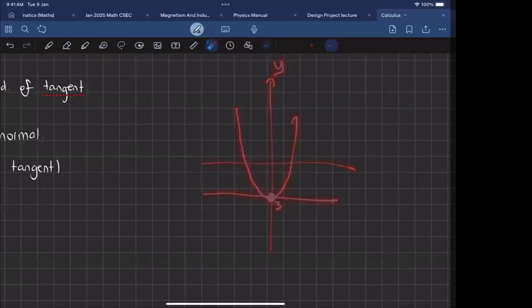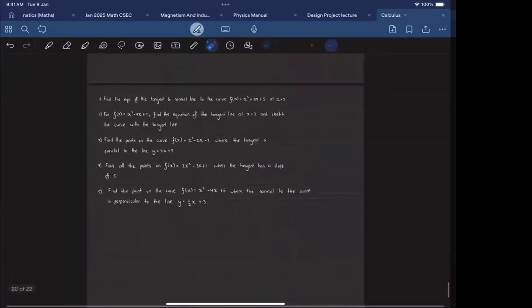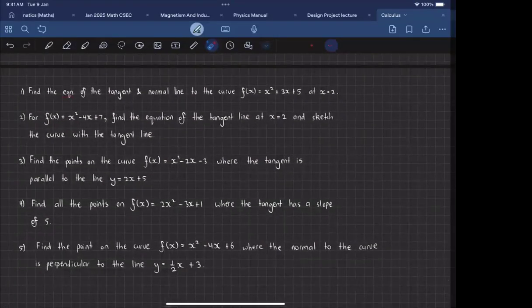Yeah. That was just a question to make sure you follow. So I see you want to write y is equal to x plus 3. Or what was in front of the x? 0.